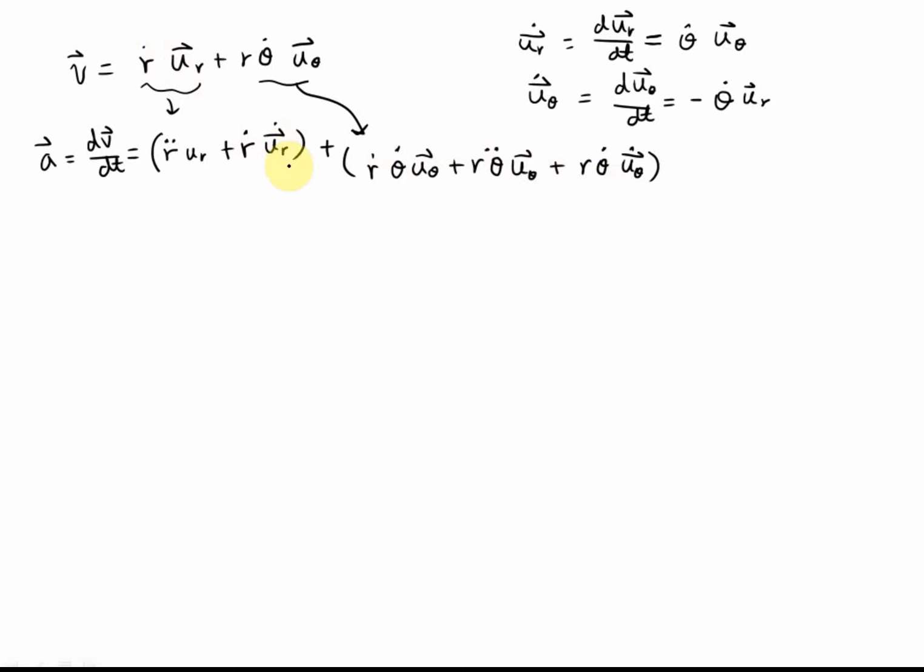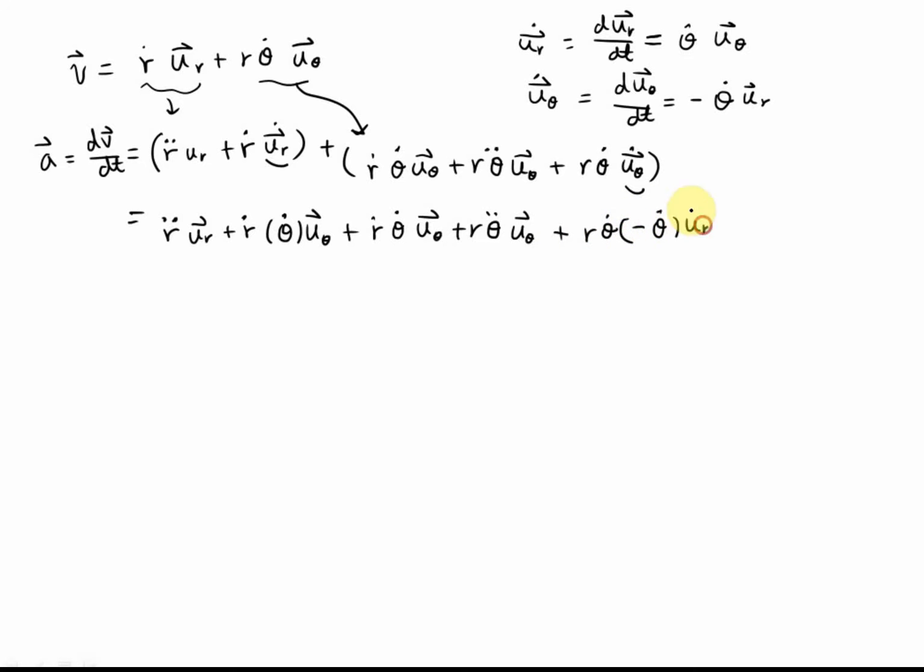Then we replace u_r dot and u_theta dot with these. It's a little bit long, but let's just do that. u_r dot is theta dot u_theta, and u_theta dot is minus theta dot u_r.